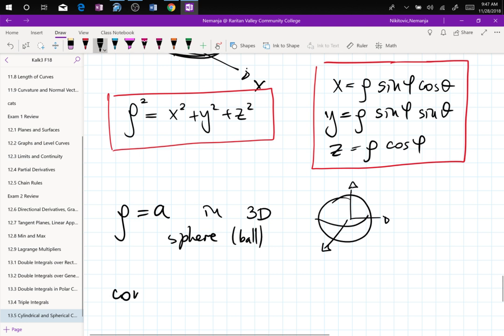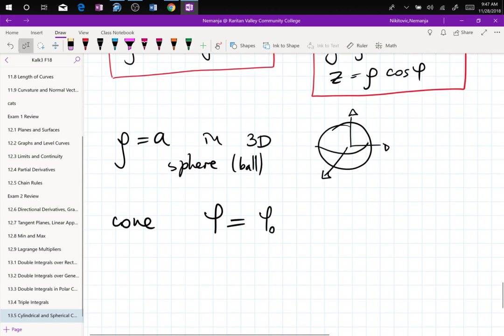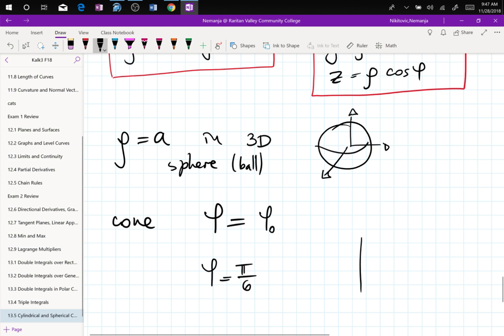Cone. Cone is so easy. Oh, wow. Phi equals some value, phi 0, or some angle, right? So if you are to say phi equals pi over 6, all I need to do is to draw pi over 6 angle here, which is 30 degrees, another pi over 6 on the other side, boom, cone.